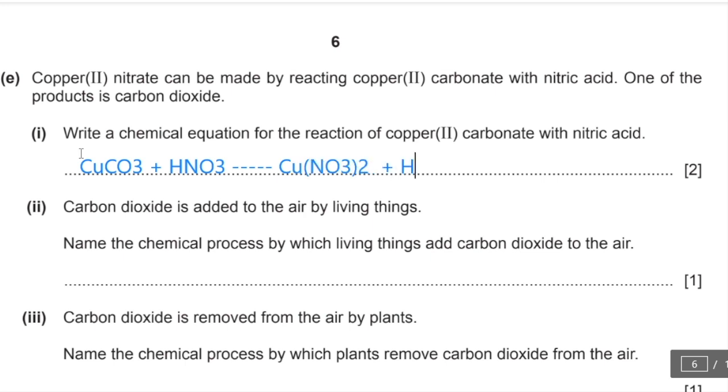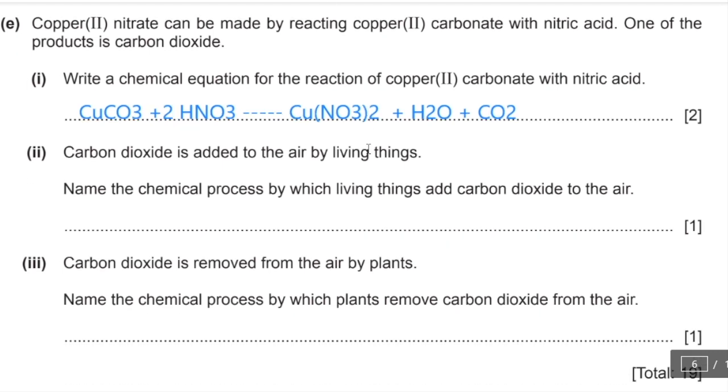Copper nitrate, water, and carbon dioxide, since this is the reaction of a carbonate with an acid. Now you need to balance out the equation. So as you can see over here, there's 2 hydrogen, and so you need to balance out the number of hydrogen, and the rest balances as well.